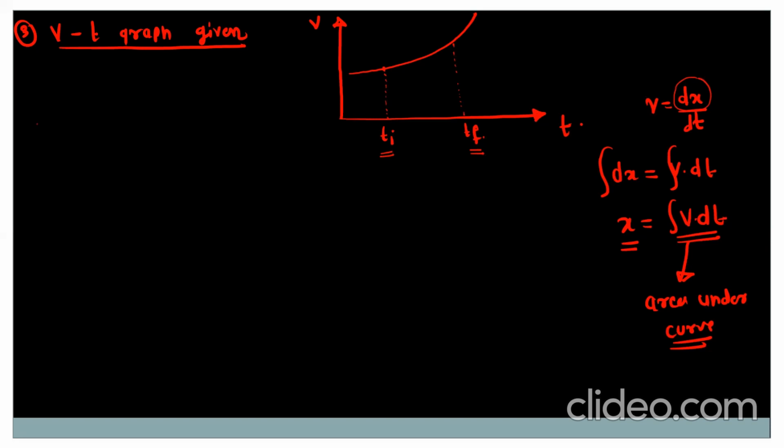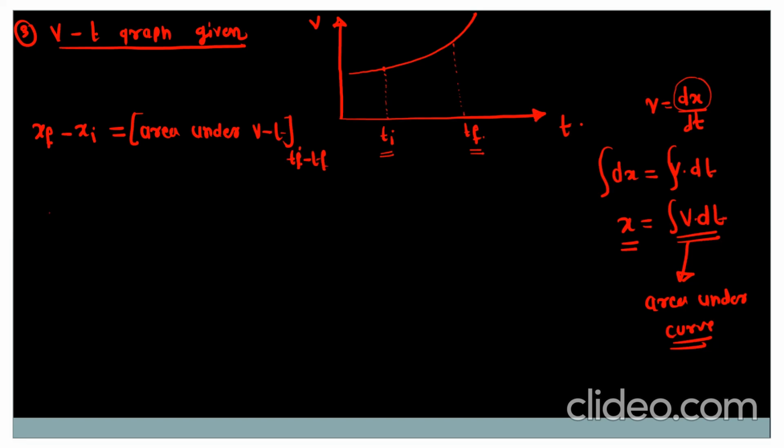So the complete equation will be, I will write just the final formula. xf minus xi is equal to the area under the velocity time graph between the limits Ti to Tf.